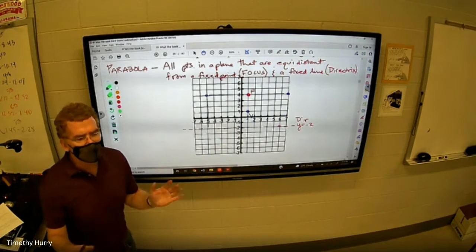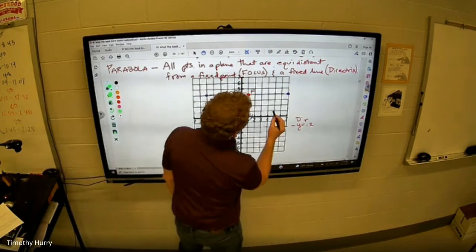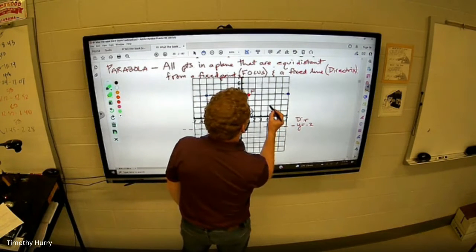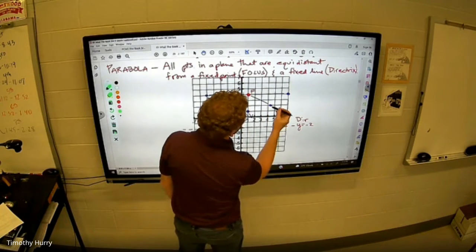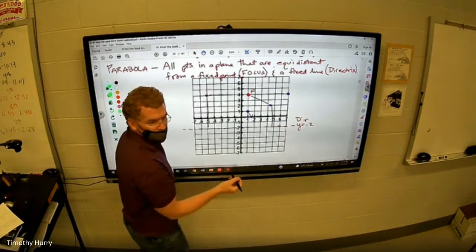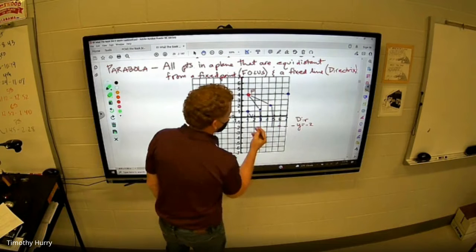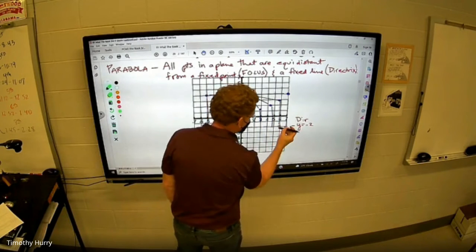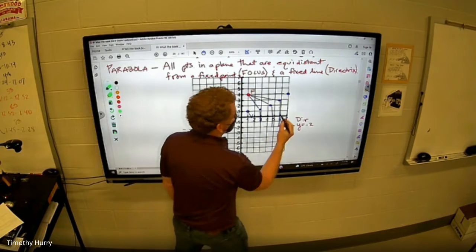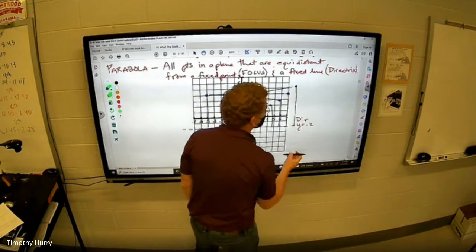But there are all kinds of other points that are harder to verify. For instance, can you kind of see that maybe right here, that distance and that distance are about the same? And maybe right here, and maybe right here, or even there, that distance is the same as that distance?